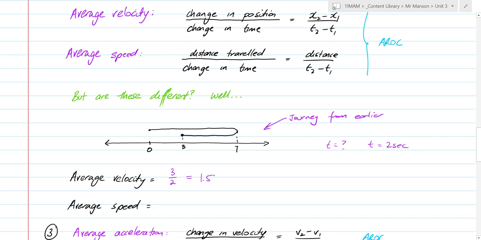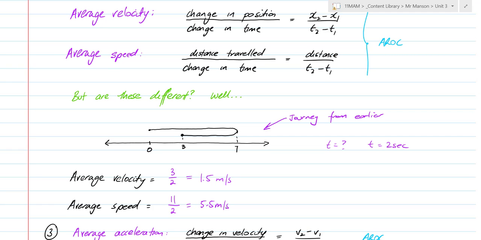So I've travelled, on average, in the first second I travelled 1.5 meters, and the second I travelled 1.5 meters. That's my velocity. My speed, on the other hand, is the distance travelled, which is 11 divided by 2. So my speed was 5.5 meters per second. So to make this total journey, I had to travel at 5.5 meters per second because I had to go all the way out to here in the first second and then back around to here in the second.